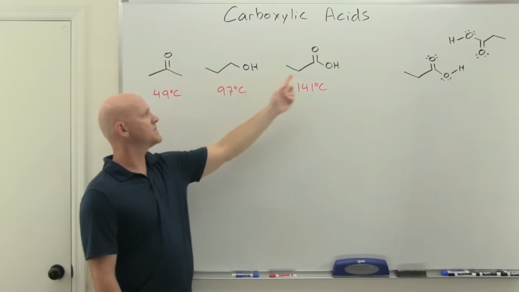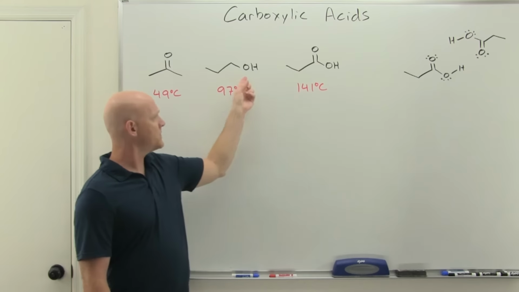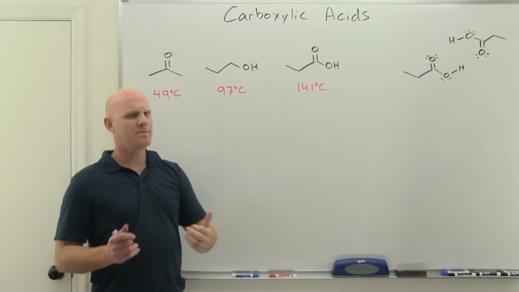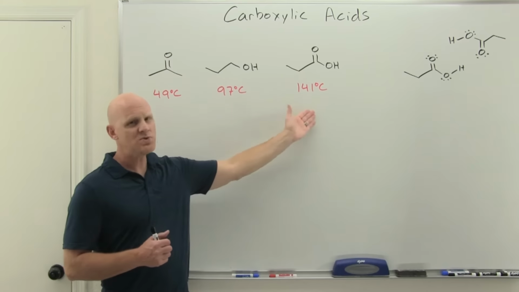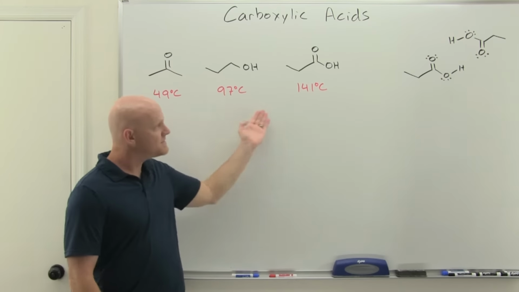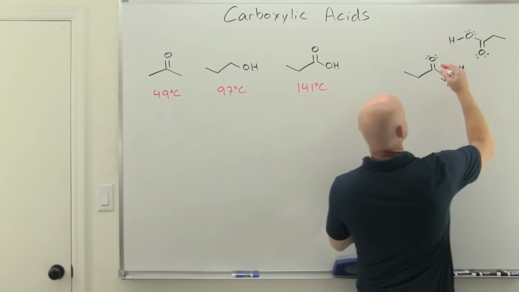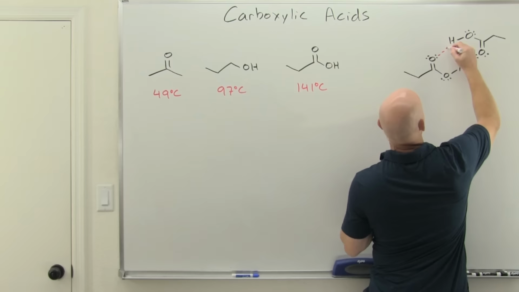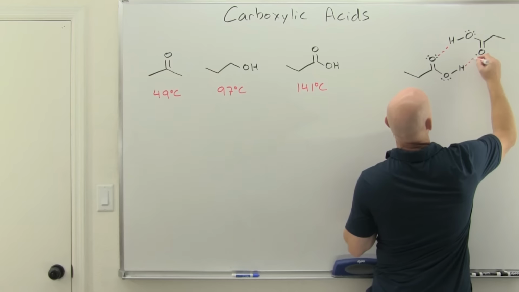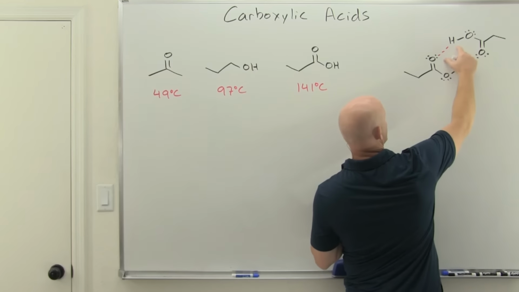And a 3 carbon corresponding carboxylic acid though, you see another big jump. They both only have 1 OH, and you might think, well, they have similar amounts of hydrogen bonding. They shouldn't be too different. I mean, a little bit larger with 1 more oxygen, but it's another significant jump in boiling point. And the reason is that they can line up to hydrogen bond between the oxygen-hydrogen in one and the other as well.